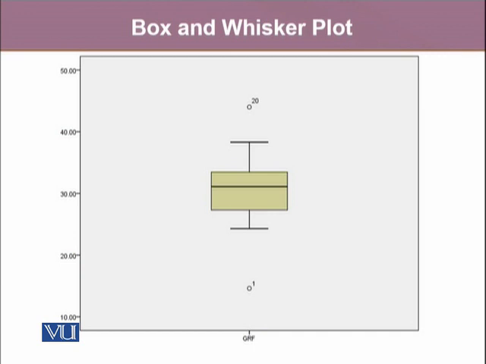Over here, we can see the upper fence is approximately over here, the lower fence is approximately over here, and this value, the first case in our data, and the 20th observation in our data, both are outliers. This value is Q1, this value is Q3, this value is Q2. This is the minimum value just before the lower fence, and this is the maximum value just before the upper fence.